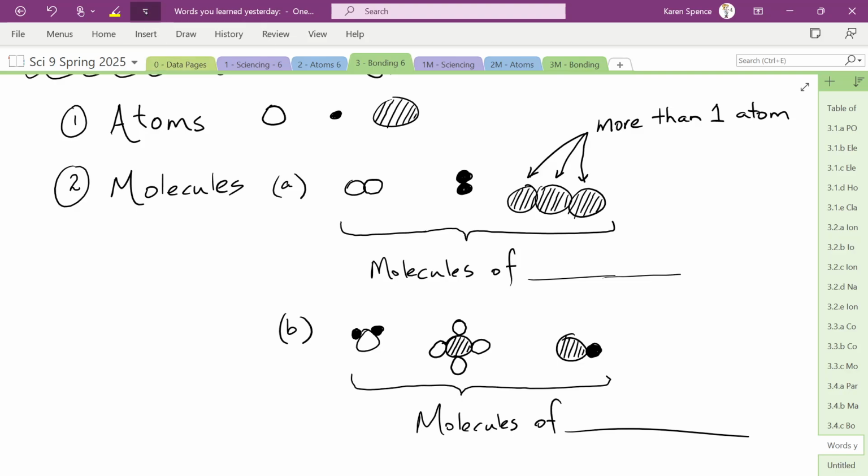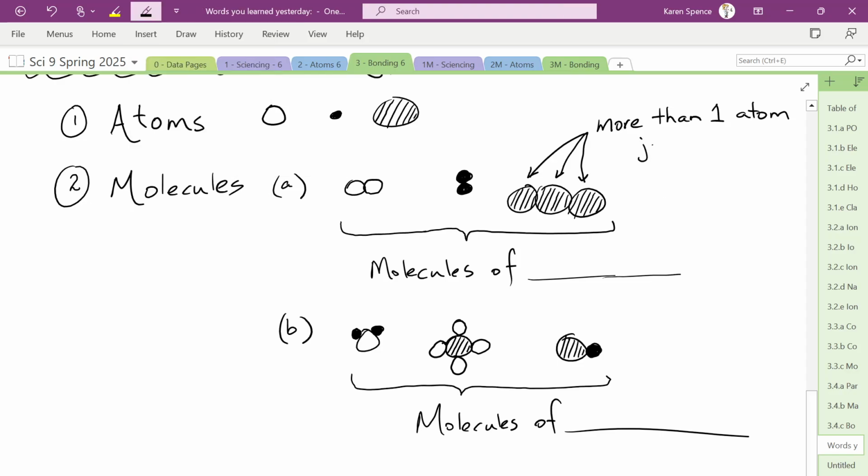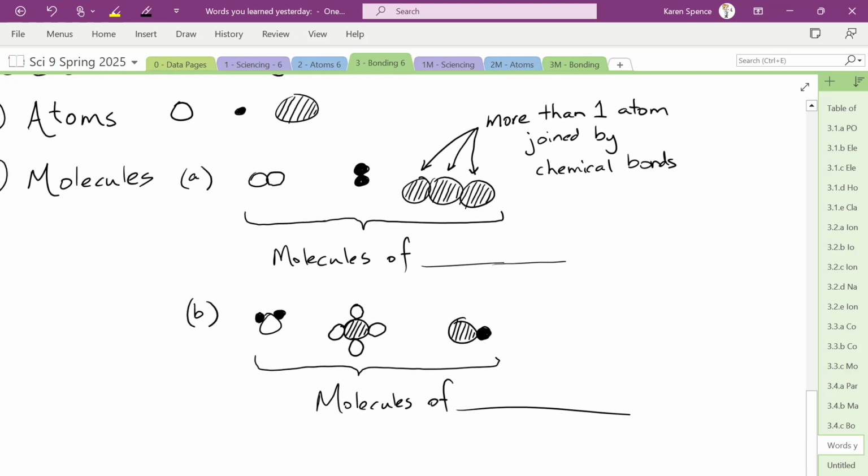They're joined by chemical bonds. Now up here, what do you notice about all three of those atoms? They're all the same.